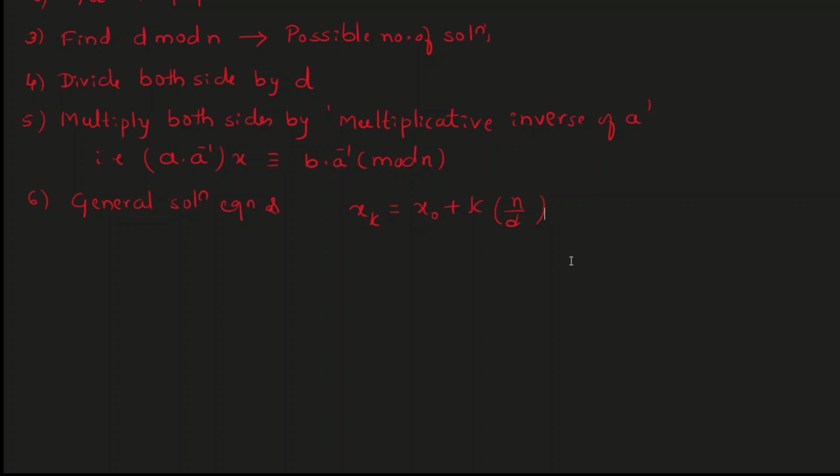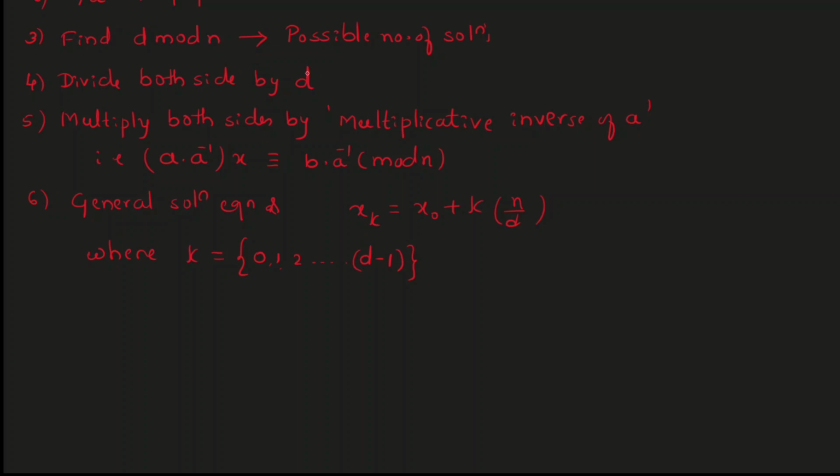You have to substitute the k value to get the value of xk, where k values must be from 0, 1, 2 up to d minus 1. Understand? We have to put k up to d minus 1.